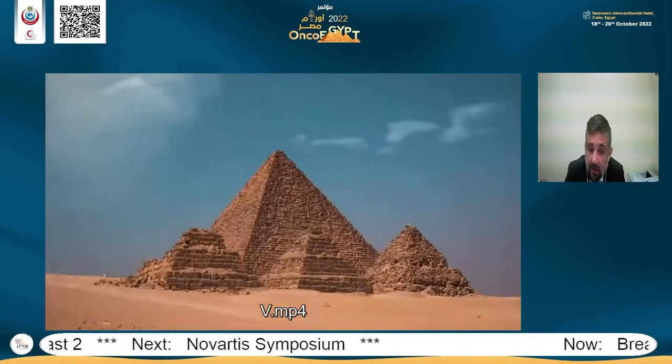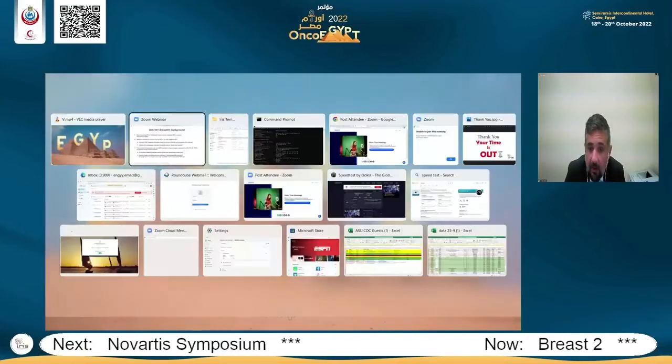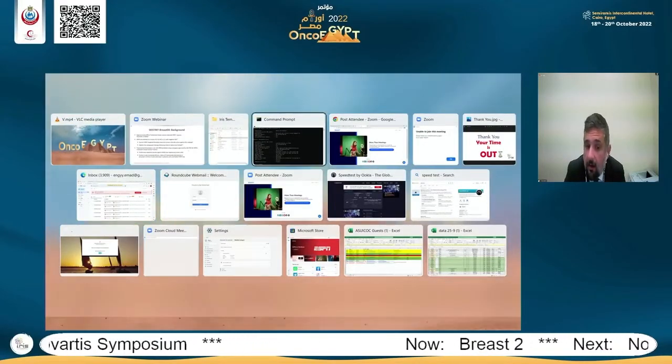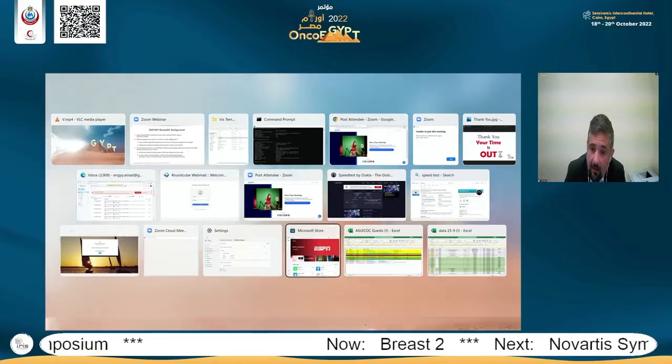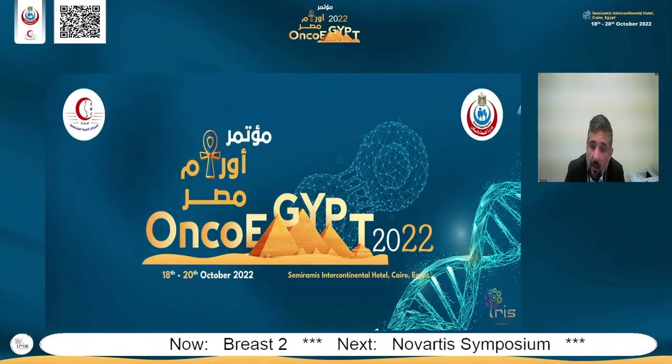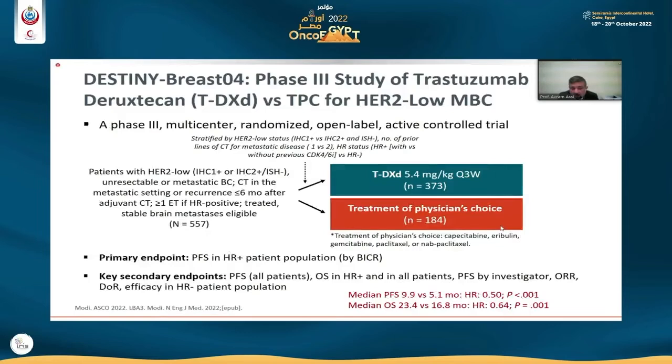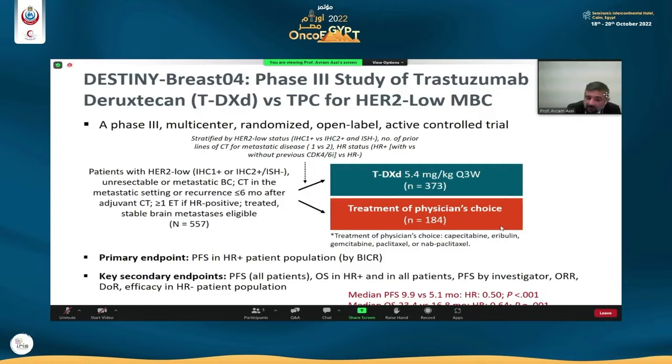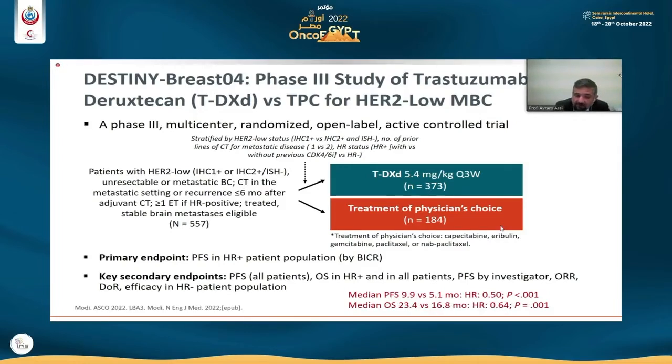This antibody drug conjugate showed activity in earlier trials, and right now it is considered to be the drug of choice in patients with pre-treated HER2-positive breast cancer, following DESTINY-Breast03. As regards the trial, patients with HER2-low breast cancer are eligible for Enhertu if they have received prior chemotherapy in the metastatic setting.